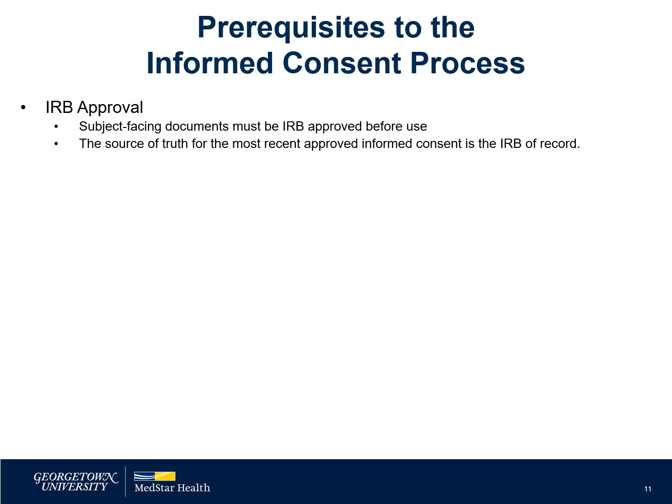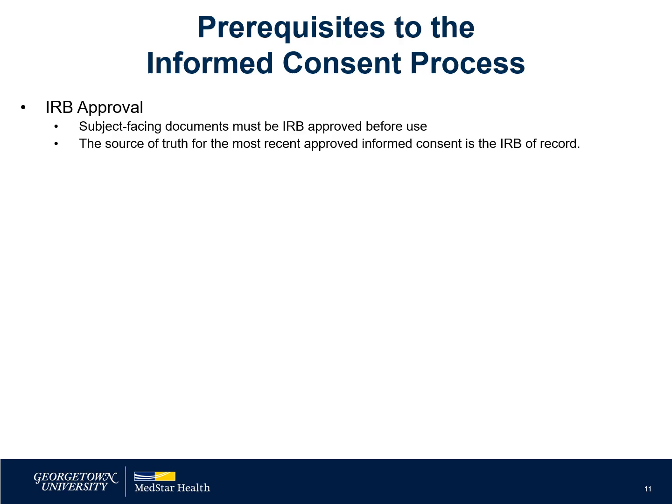The informed consent process may not begin until the study has been approved by the IRB of record and the local IRB as applicable. The informed consent forms, including short forms and translated documents, must be approved by the IRB and stamped if stamping is the practice of the IRB of record. In fact, subject-facing documents, including study-specific recruitment materials, must be IRB approved before approaching potential subjects.